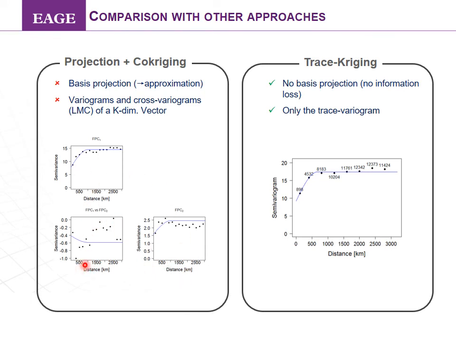Of course, when you go to a higher number of dimensions, you will need to invoke other kriging methods that deal with higher dimensional kriging or kriging of multivariate properties. For example, we'll have to use a linear model of coregionalization, and we have to do substantial fitting of all these variograms. This is not needed, again, in the trace kriging approach.